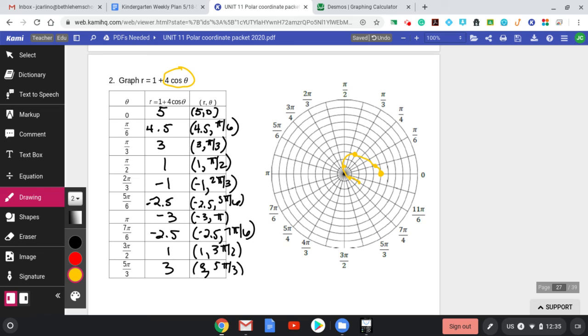-3 pi. So now, instead of pi, it's going to be at 0. So at 1, 2, 3 right here. Keep connecting. -2.5, 7 pi over 6. So again, -2.5, you go on the other side of 7 pi over 6, right?